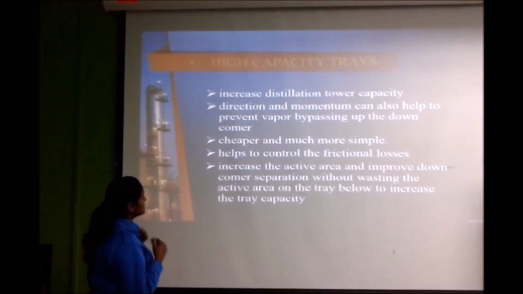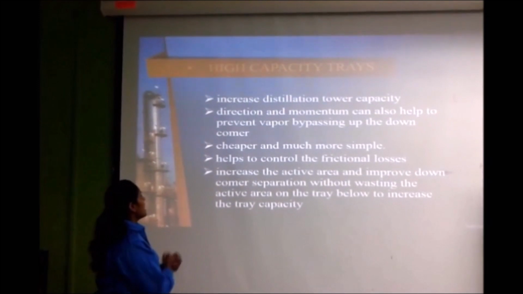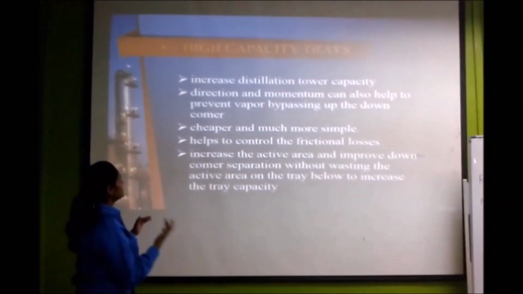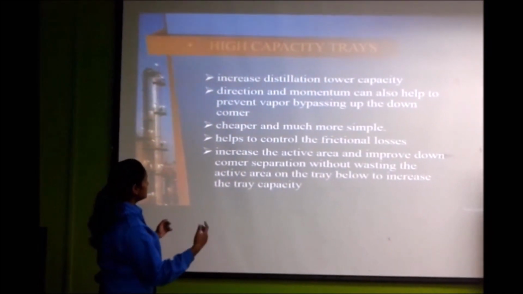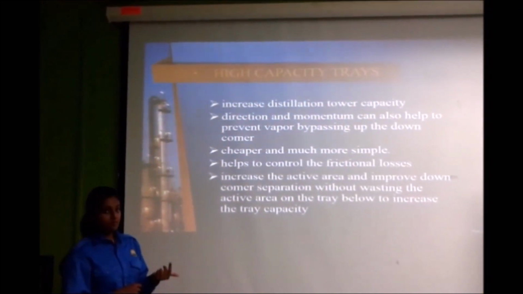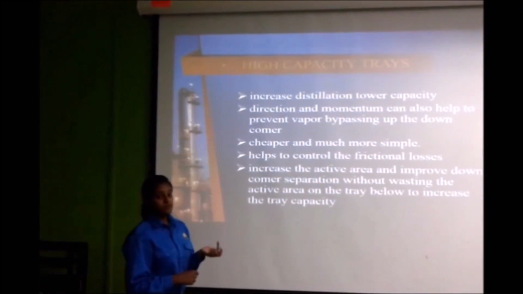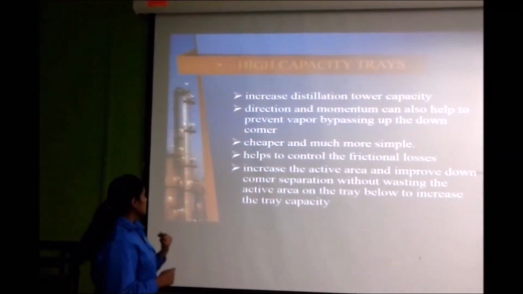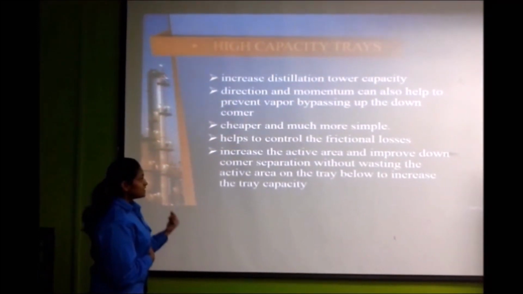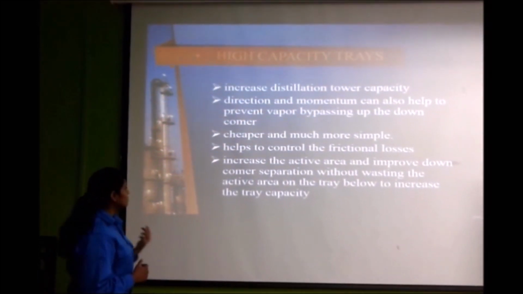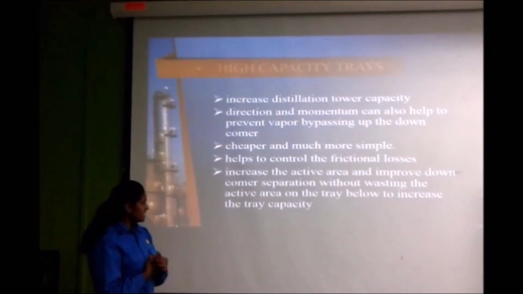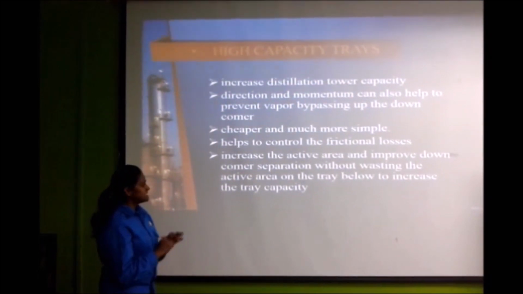It increases the distillation tower capacity, and next is the direction and momentum can also help prevent vapor bypassing up the downcomer. Next, it is very cheap and more simple. It also helps to control the frictional loss, and it increases the active area and improves downcomer separation without wasting the active area on the tray below, to increase the tray capacity.